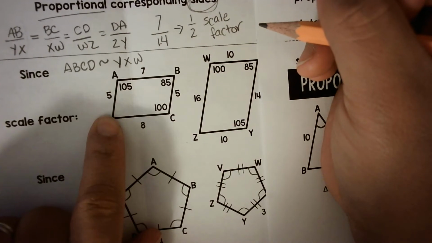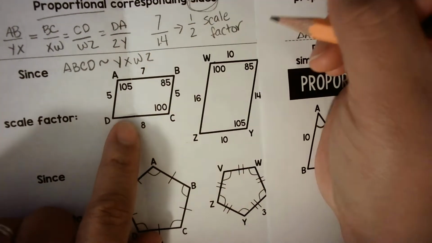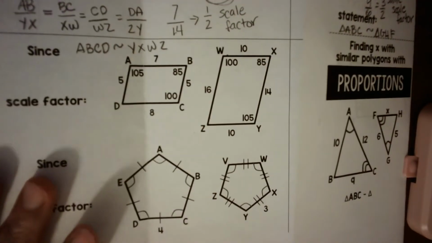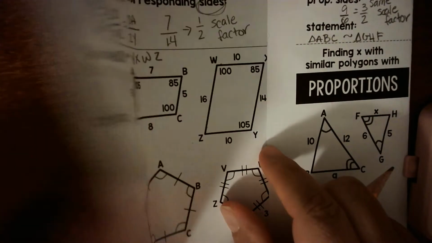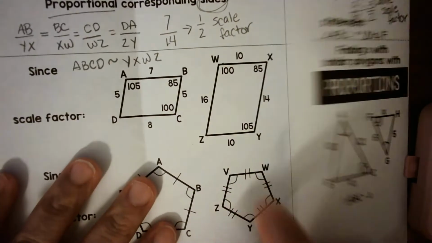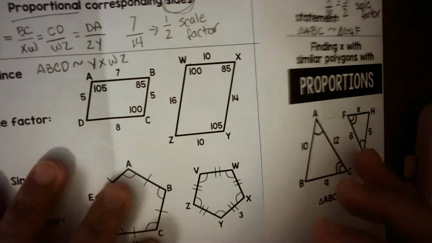And then the one without a value was D, making Z the one without the value. On this one, just like in the page in front, what I said was the smaller side with the smaller side, the big side with the big side.